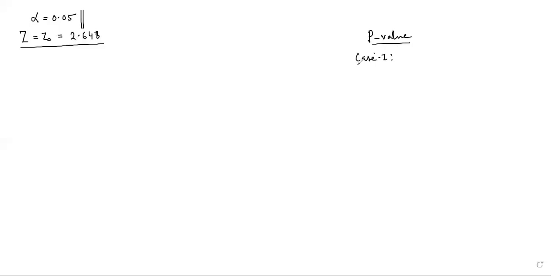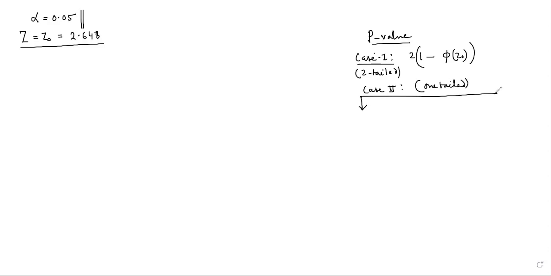For case 1, where we considered a two-tailed test, the formula is 2 into 1 minus phi z0. This is the formula. For case 2, we have got two formulas. Case 2 is one-tailed.